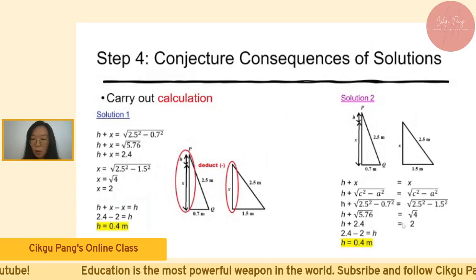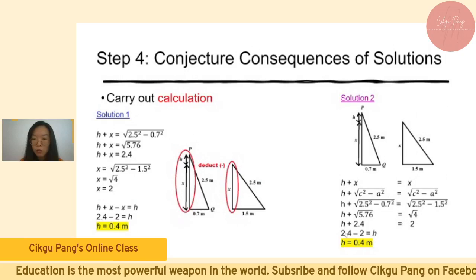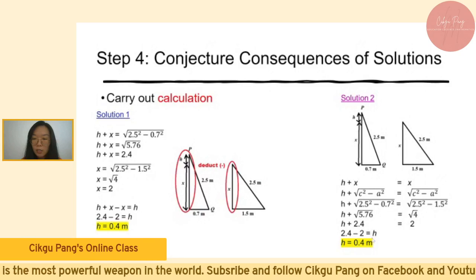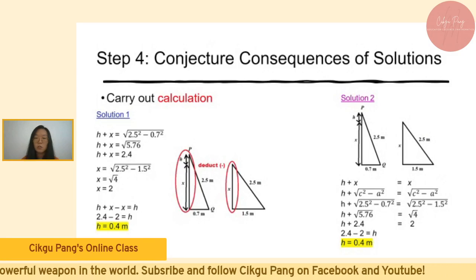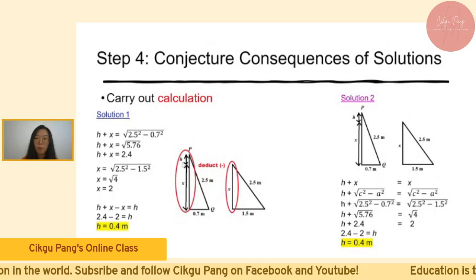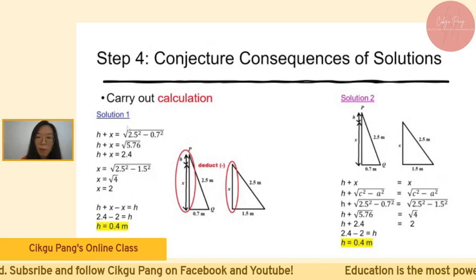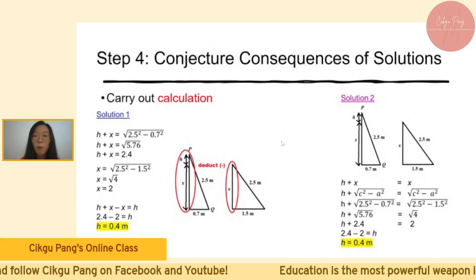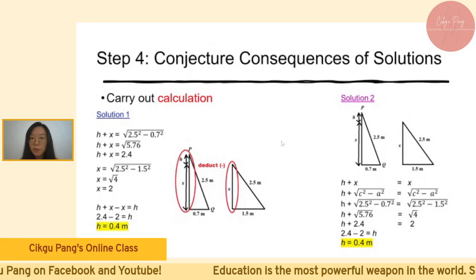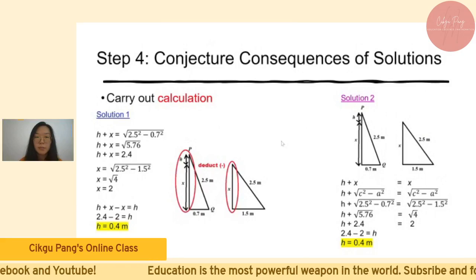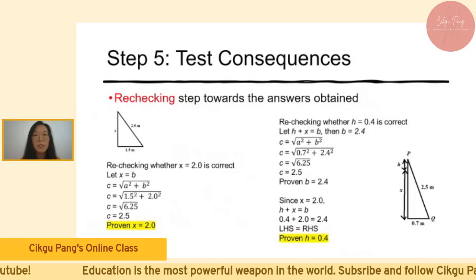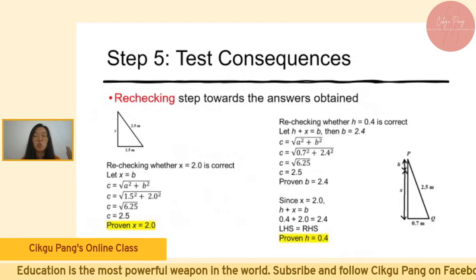Then we minus it, and we'll get that h is equal to 0.4 meter. That means in this step, solution 1 and solution 2 both get the same answer for this problem. Then we can move to step 5, the last step of John Dewey model.